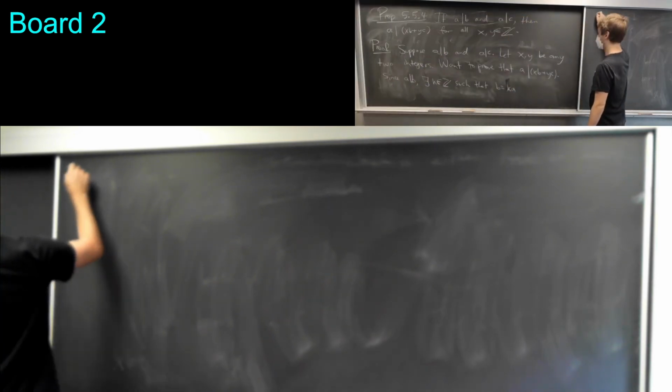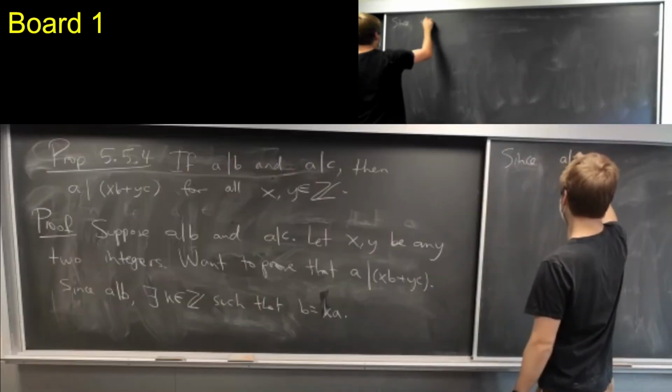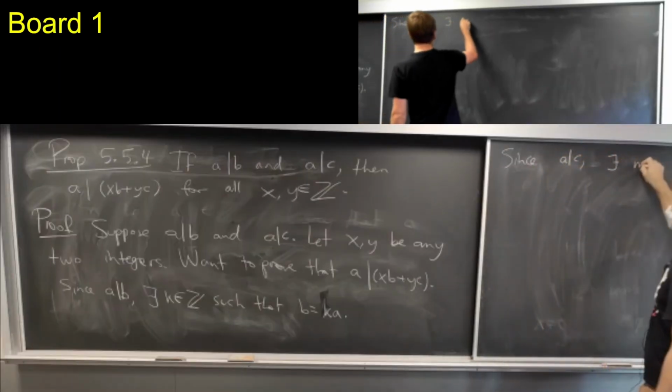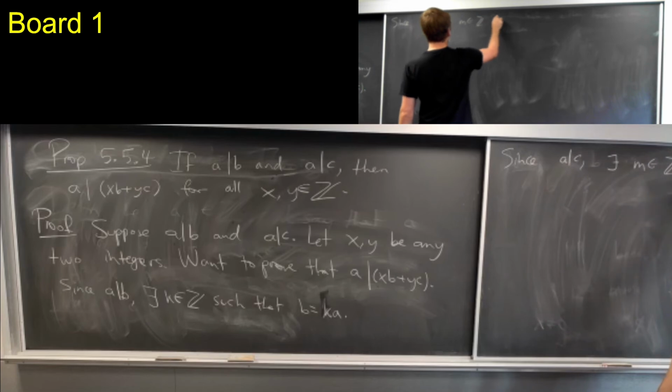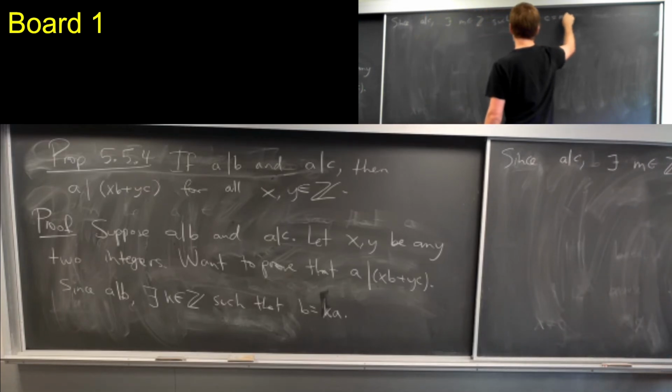Right, because we want to use this condition. And since a divides c, there exists an integer m such that c is equal to m times a.